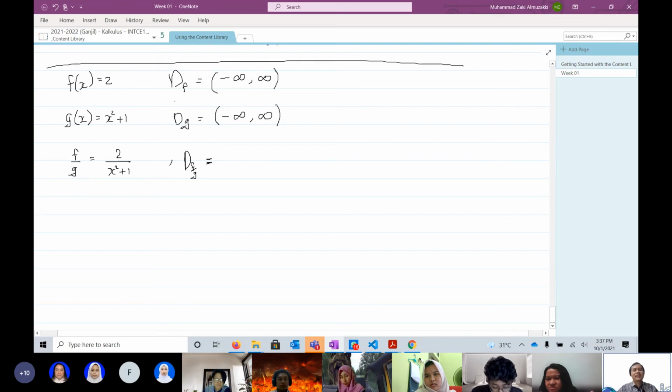Okay, my question is, can the denominator be equal to 0 with this domain? So let's check the range of this function. The range of f is obvious because f is constant and the constant is equal to 2.